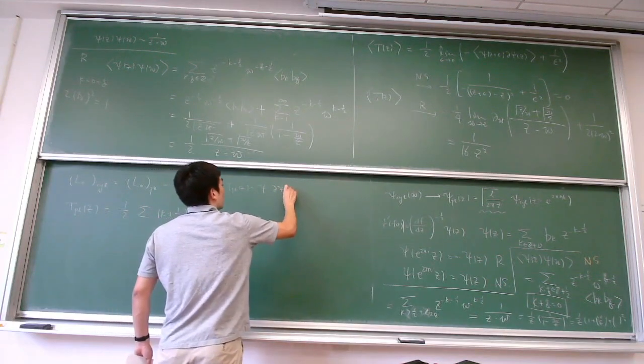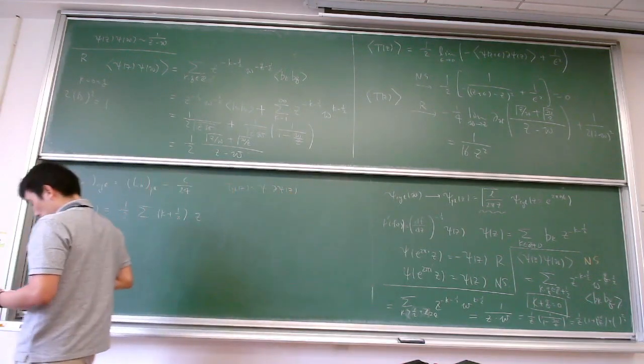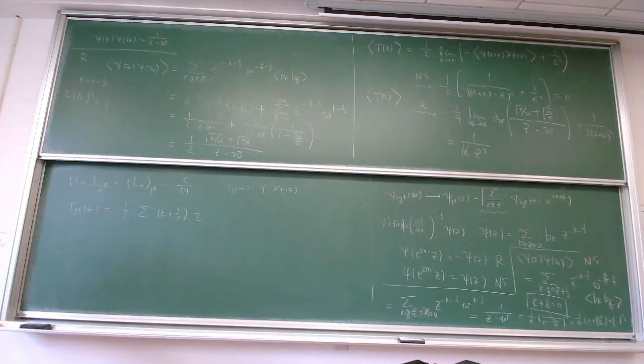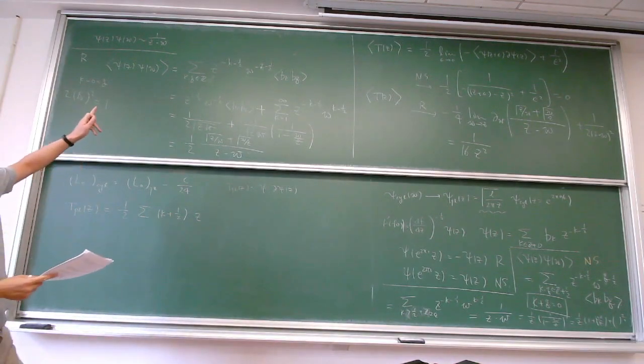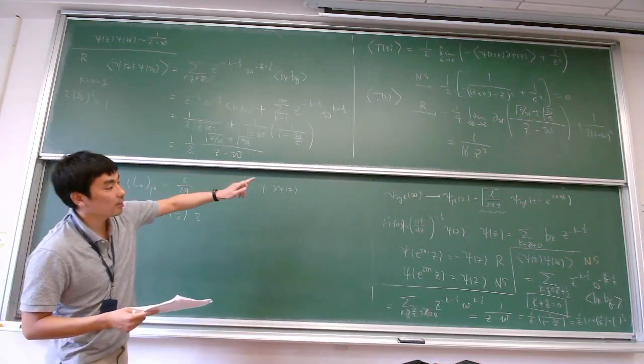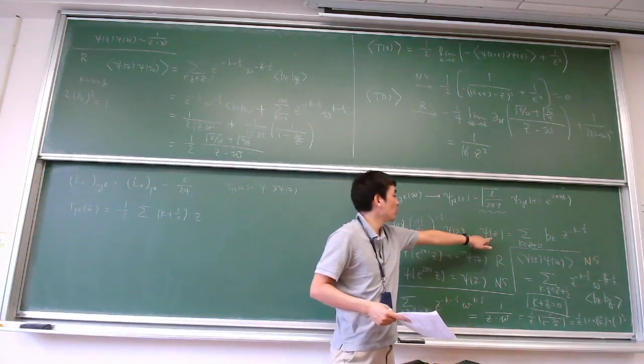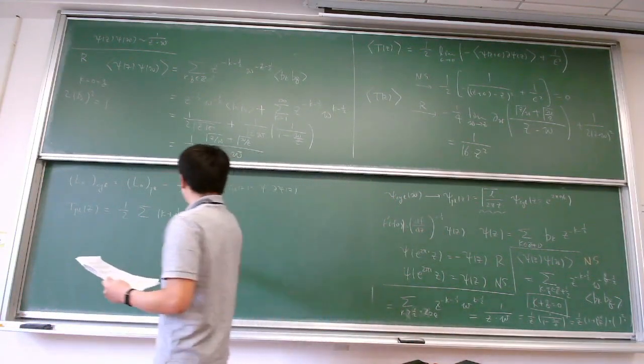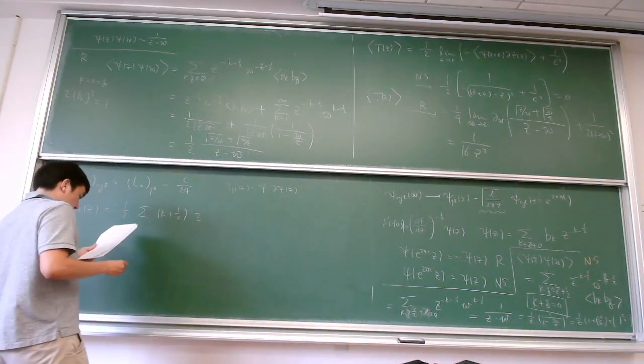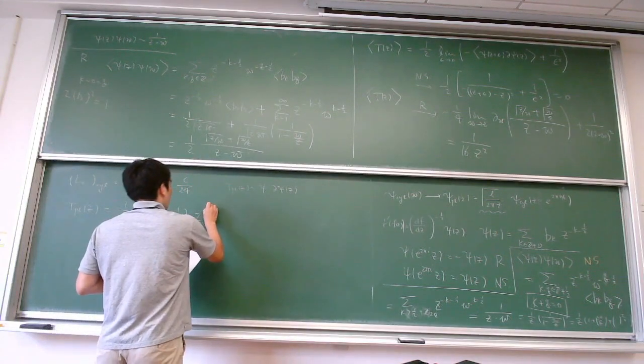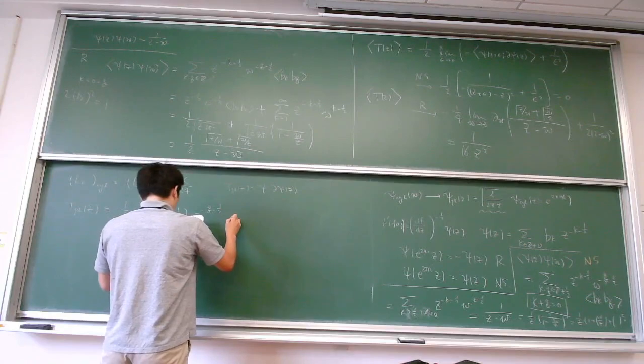That's it. Okay. And plug in this mode expansion, already erased, already done, mode expansion into there. Then you will get minus q plus 1/2 and z.